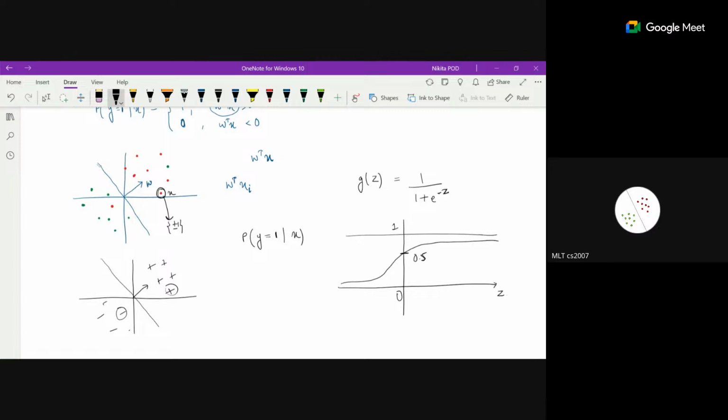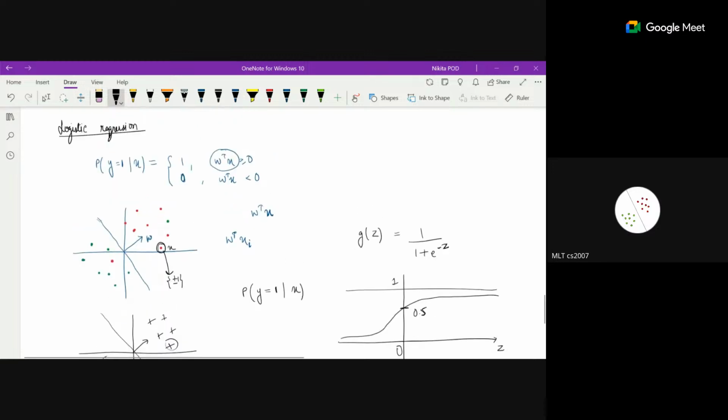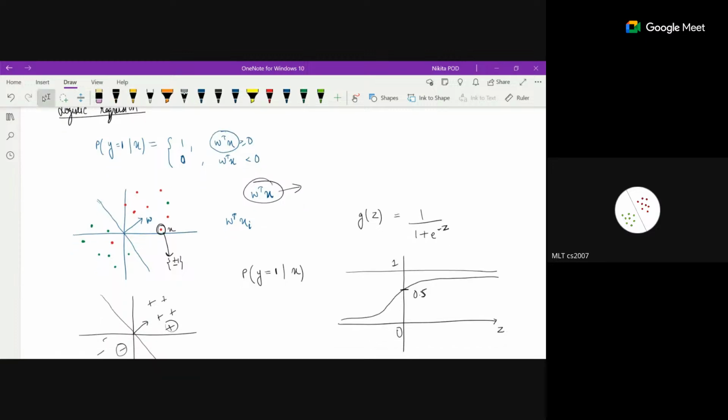My W transpose X can take any value. It can go all the way to negative and all the way to positive. If your W transpose X is exactly 0, it can go with 0.5 probability either to class 1 or to class -1.